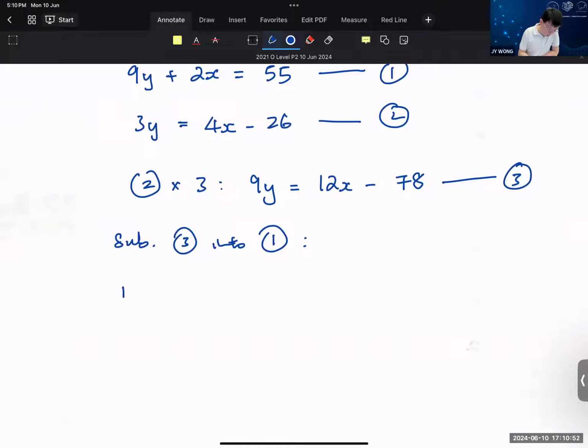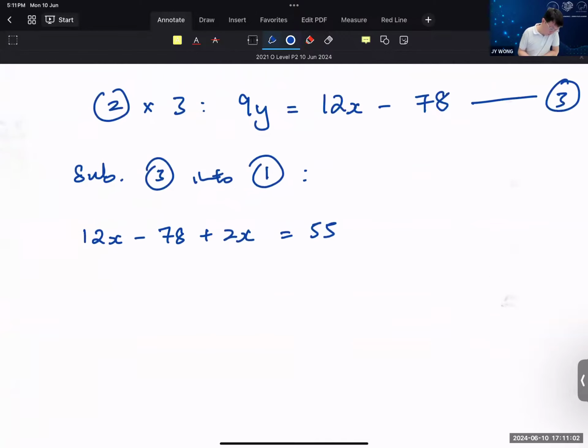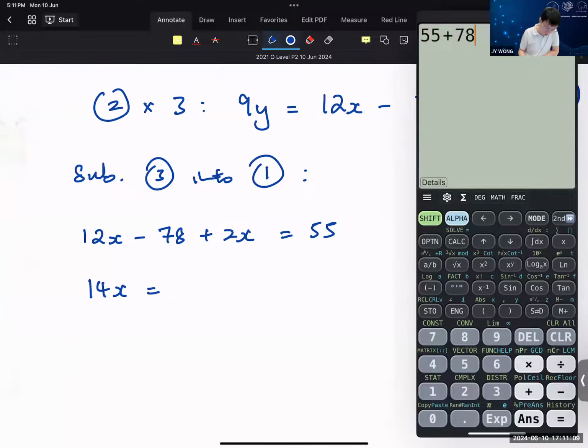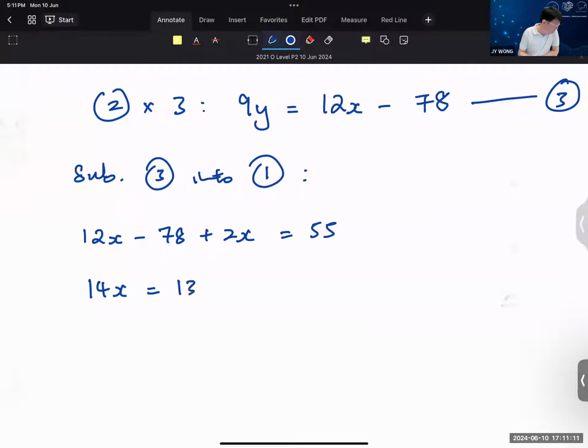So 12x minus 78 plus 2x equals 55. You will get 14x equals 55 plus 78, 133, and therefore x is equal to, simplify it, 19 over 2.